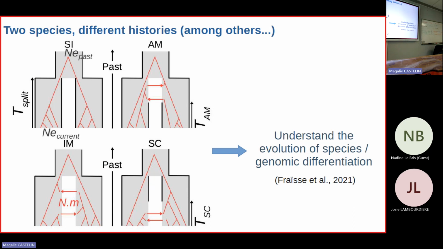Okay, so that means that in this case, you had a separation, accumulation of divergence, but apparently there is still the possibility to produce some hybrids and to have some genes going from one direction to another. So it's very interesting to study that, to better understand how the speciation process takes place, and to study the evolution of the differences at the genome level.